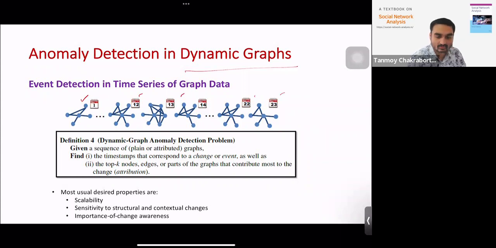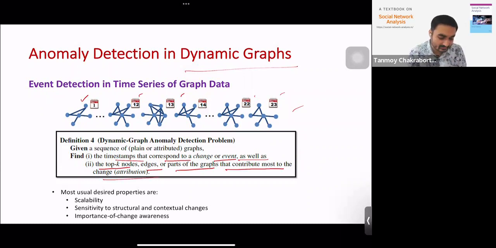And this graph can be attributed or plain. The task is to find the timestamps that correspond to a change or event, as well as the top k nodes, edges, and parts of the graph that contribute most to the changes.